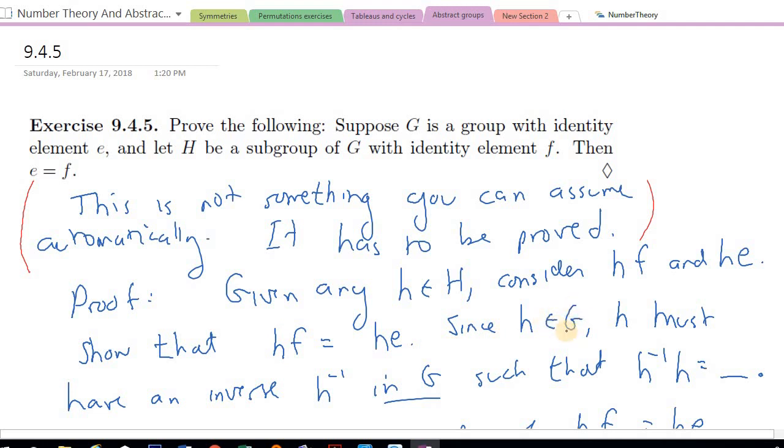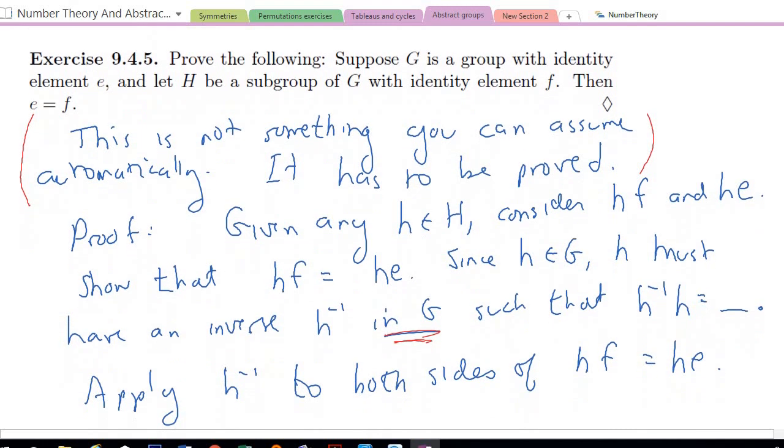Now, since h is in the big group, h must have an inverse, h inverse, in G, the big group. Now, if you have an inverse h inverse in the big group, then you can think about what h inverse h must be. Remember that E is the identity of the big group.